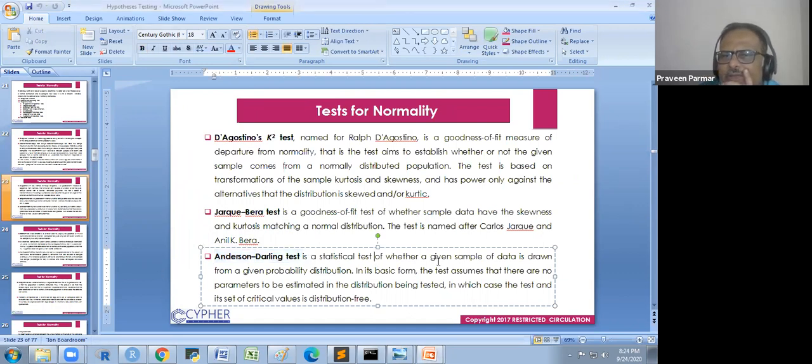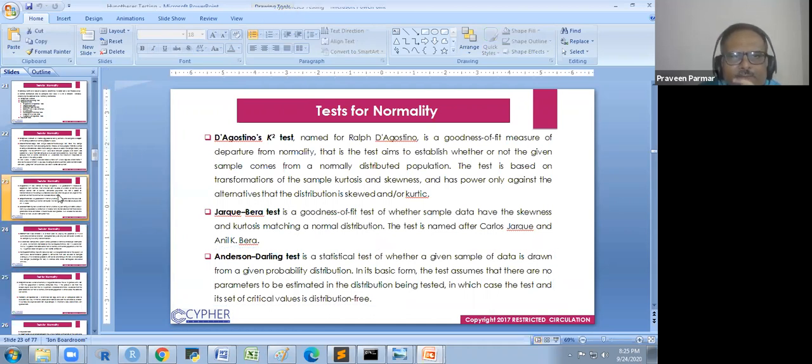It is a statistical test of whether a given sample of data is drawn from a given probability distribution. In its basic form, the test assumes that there are no parameters to be estimated in the distribution being tested, in which case the test has a set of critical values that is distribution free. Or here, the Shapiro test, what we are doing, I will explain with that also.